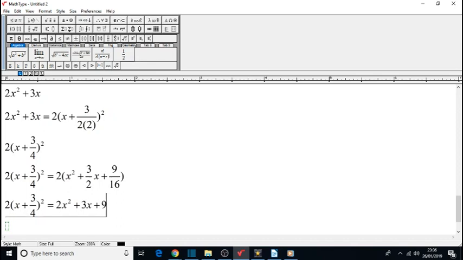So plus 9/8. Because we're trying to get the initial bracket to match 2x² + 3x, same process, we're going to minus 9/8.